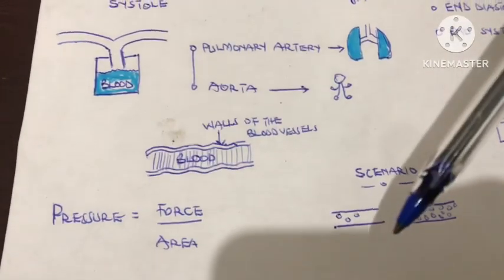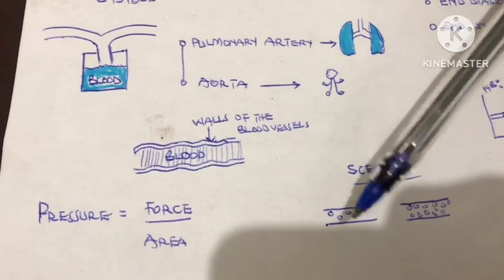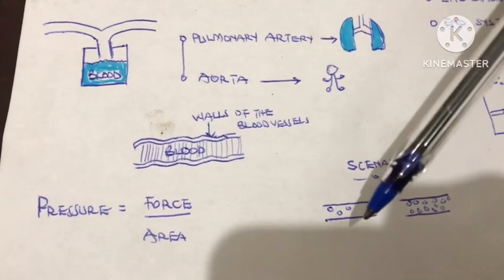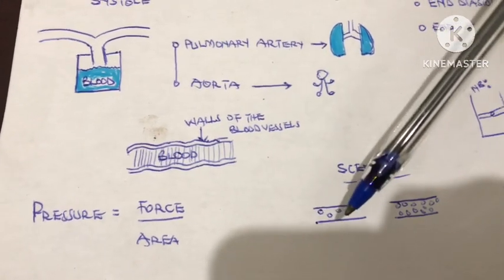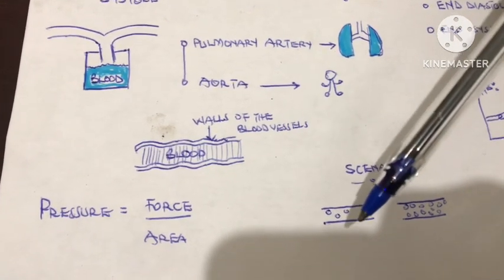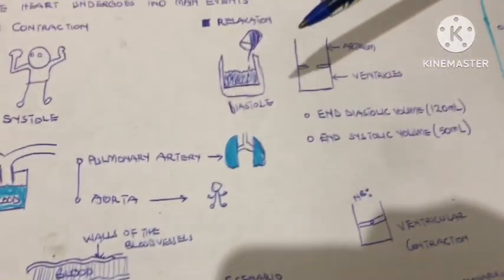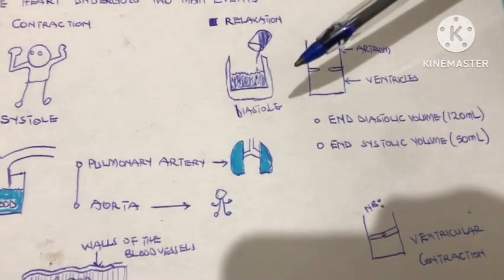Low pressure. And this scenario occurs during the relaxation state of the heart, the diastolic state of the heart. So this pressure in the blood vessels during the relaxation or diastolic phase of the heart is called the diastolic what? Pressure.